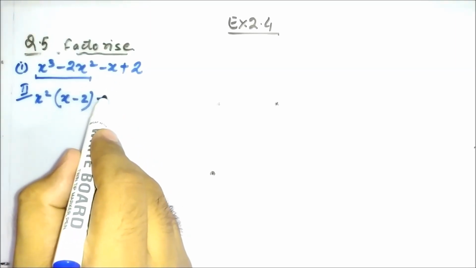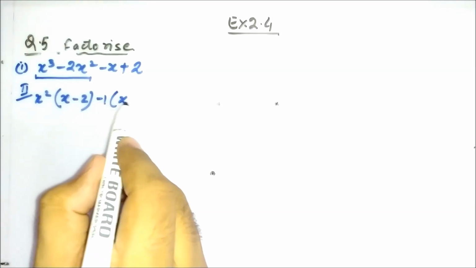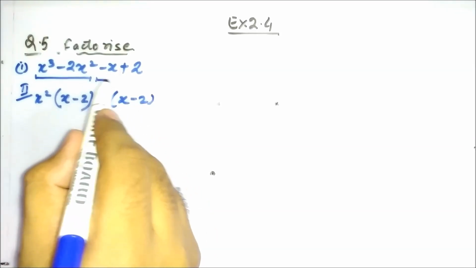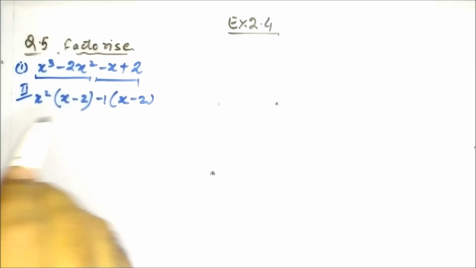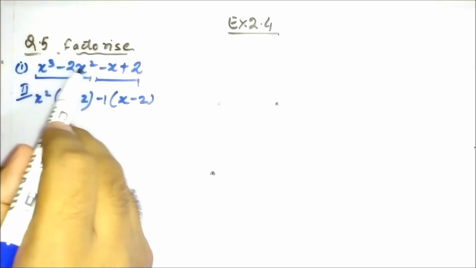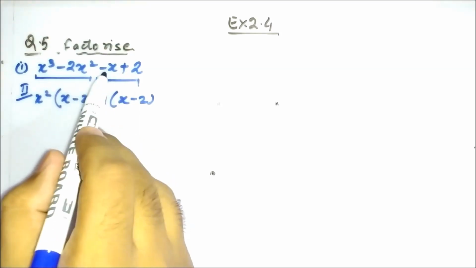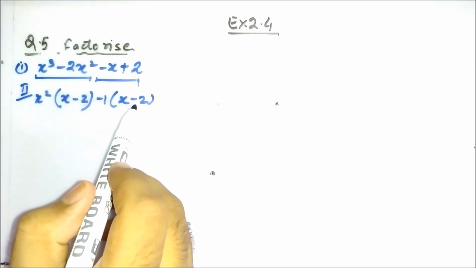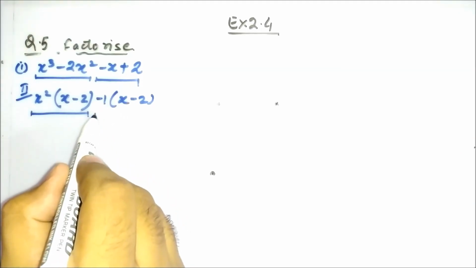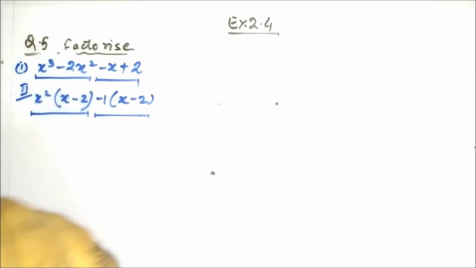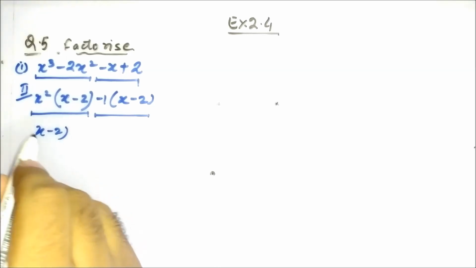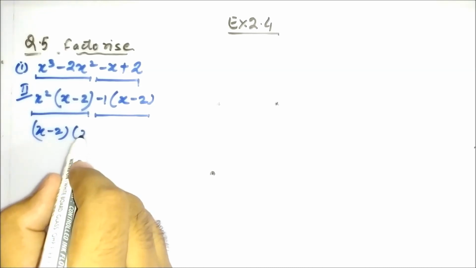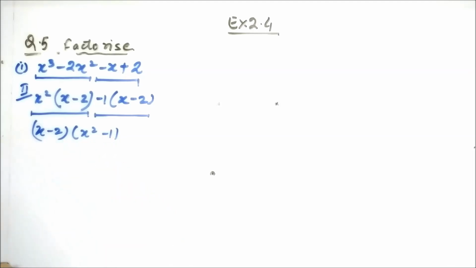So if you take minus 1 as common, inside you will get x minus 2. I hope you understood this part. We have taken x square as common from the first 2, and minus 1 as common from the last 2. Now, just like in splitting the middle term, we will take x minus 2 as common, and we are left with x square minus 1 here.